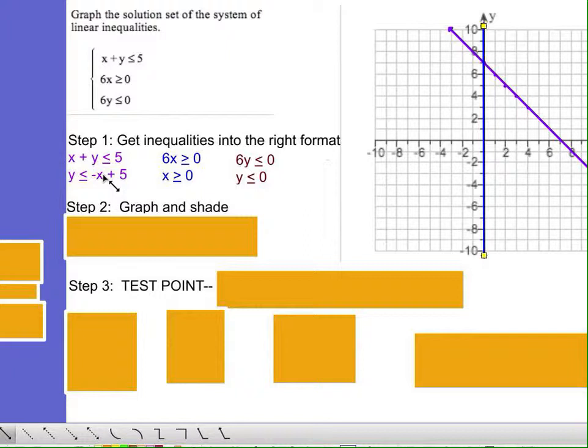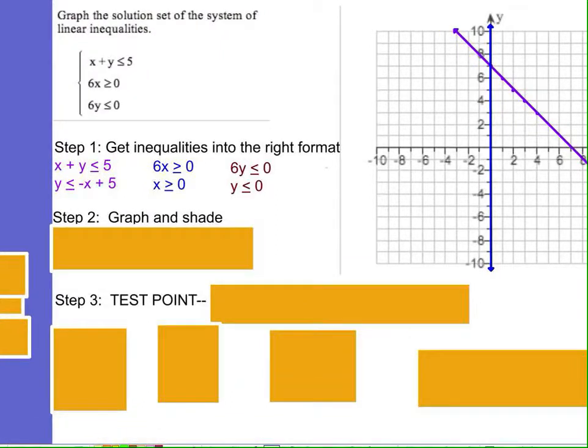So, it says here y is less than or equal to -x plus 5. Well, I go back to my y-intercept. All the numbers less than 5 are below. Therefore, I want to color below the line. I'm going to do this in yellow.